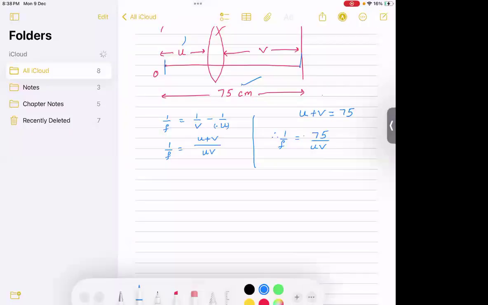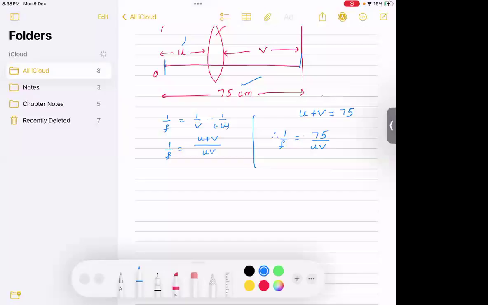One more lens they are placing here, and the distance between these two convex lens is 12 centimeter. So what will be the object distance and the image distance?